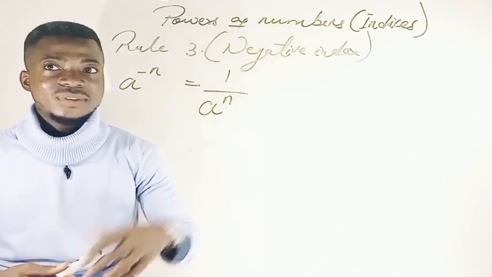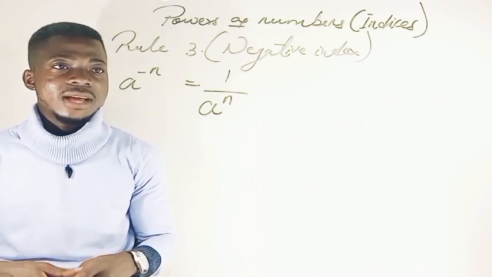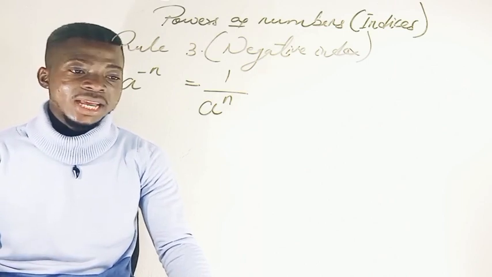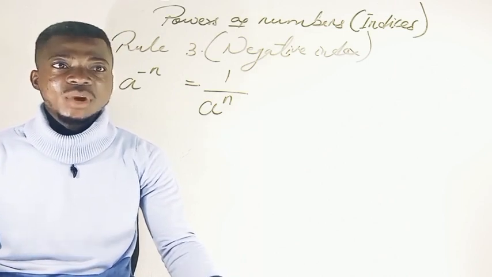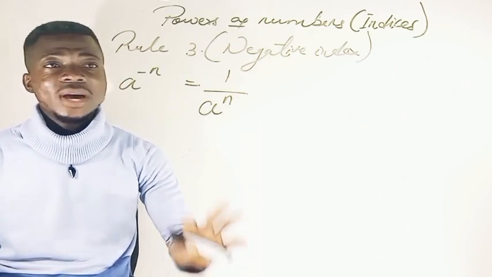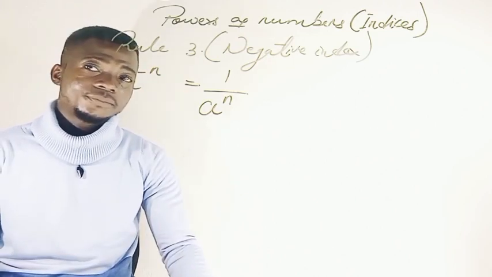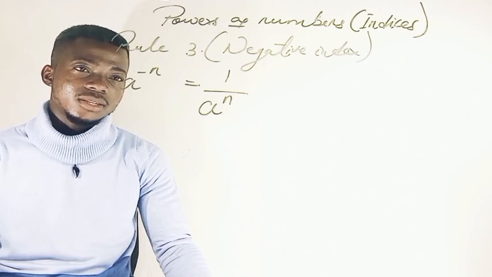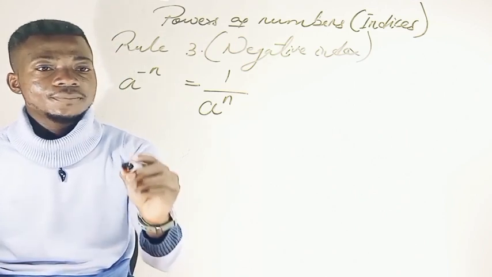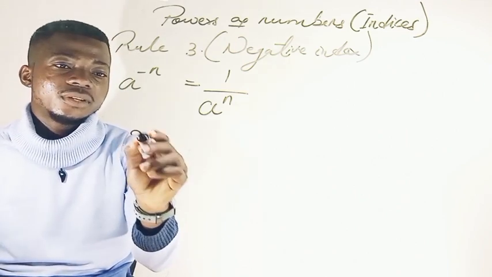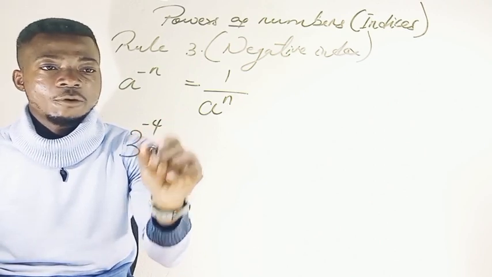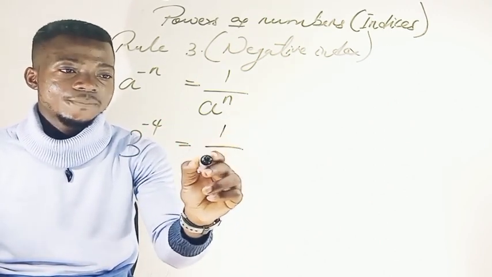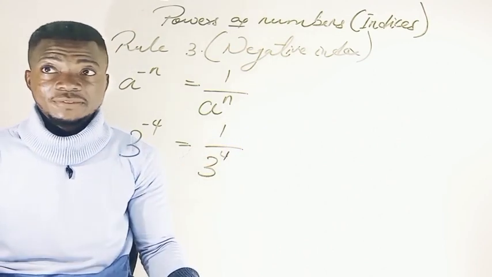Okay, so that's the reciprocal of that one, but this time around a positive index, not a negative one. Okay, so when you reciprocate it, you change the negative to positive, but the same number or the same index. Okay, so therefore, if you have 3 exponent negative 4, this is the same as writing 1 over 3 exponent 4.